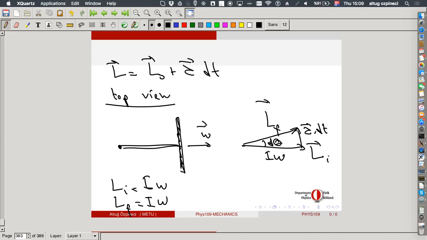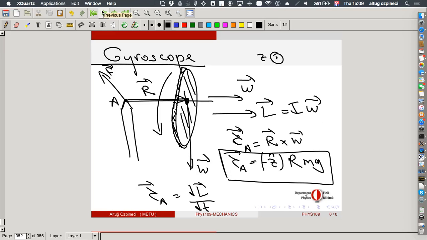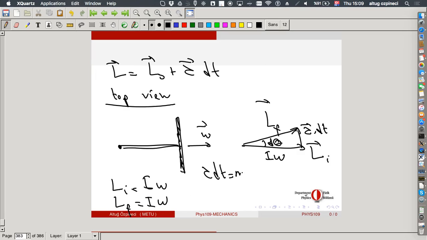The length of this side, which is tau dt, but we had already calculated the torque. It has a magnitude mgr. This should be equal to L times d theta, which is I omega d theta.